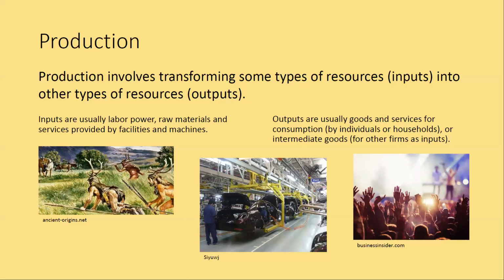So it's not only the goods that we can see, like food and clothing and cars and phones, but services. If you get a haircut in a barber shop, the barber is producing. If you go to a concert, performers are producing. If you listen to music, it's also being produced by the singers, etc. All those processes are production processes.